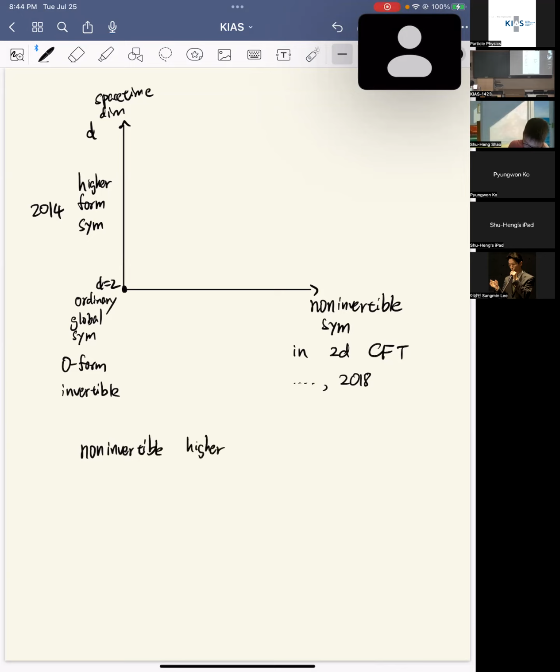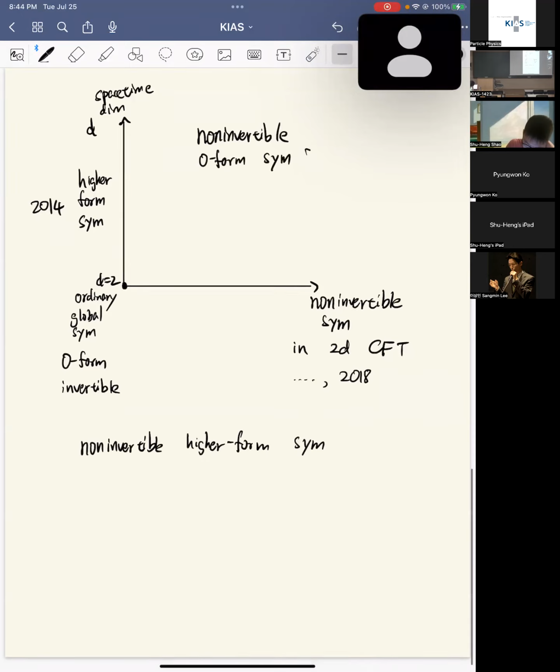That was known for a long time. In fact, Icho, my student and collaborator, will talk about one such example in the talk tomorrow. But for a long time, it wasn't clear if there's any non-invertible zero form symmetry in higher than 2 dimensions.